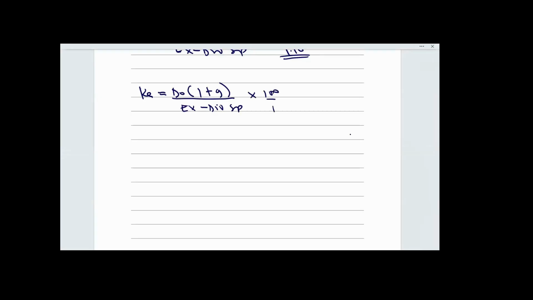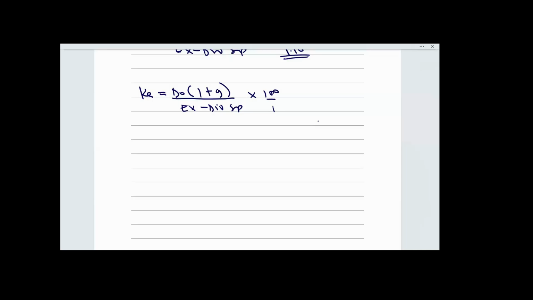No, that is plus G. Then 100 over 1. You have to add growth rates. You have to add growth rates. There must be plus G. Is it only when there is growth, or when there's no growth, the plus G will be there?